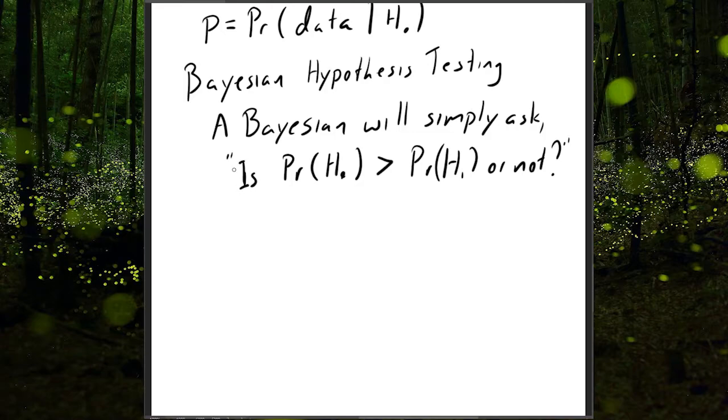So the Bayesian is just going to ask, is the probability of the null hypothesis greater than the probability of the alternative hypothesis? And as a Bayesian, I can construct an inferential procedure that will let me do this.